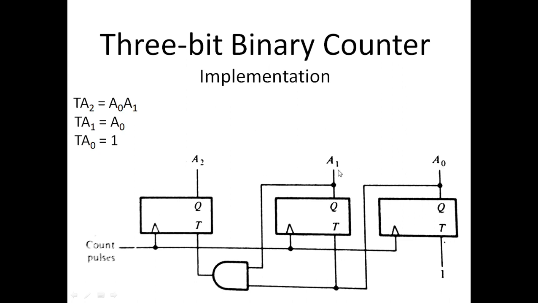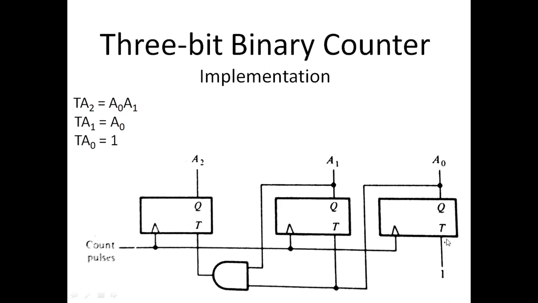So A0, A1, and A2. These 3 outputs are the states of the 3 flip-flops, and these 3 outputs, or the current state, are the sequence that we want these 3 flip-flops to show.